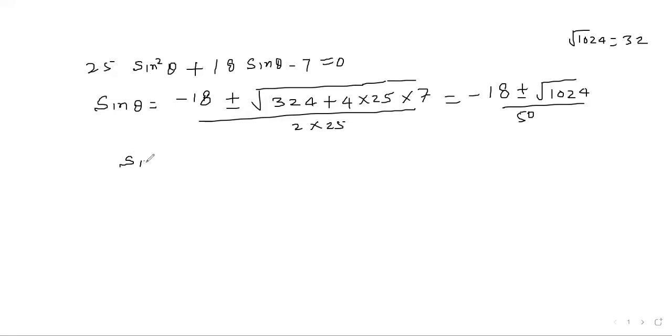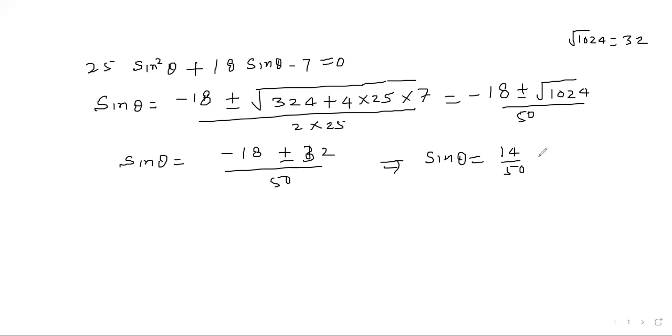So we have got sine theta equals minus 18 plus minus 32 divided by 50, taking positive value. So it will become sine theta equal to 14 by 50 or 7 by 25, which is equal to 0.28. Now, theta will be sine inverse 0.28. Now, if we use calculator, we can get this in terms of degree, and that will be 16 degree.